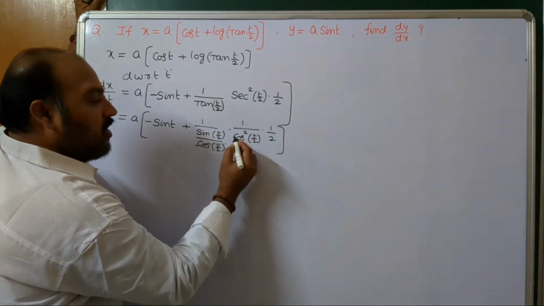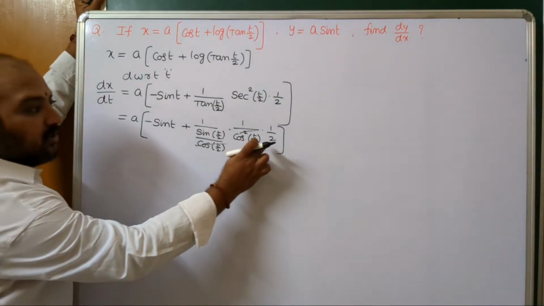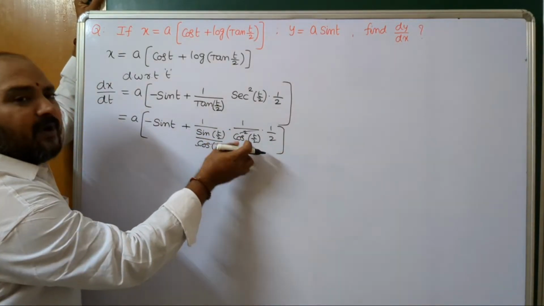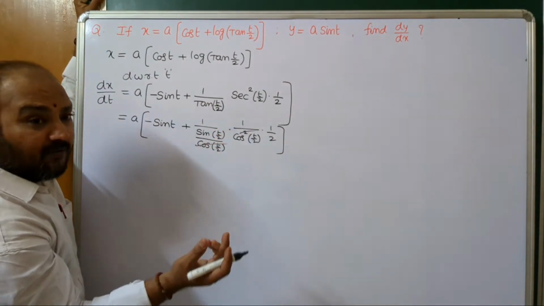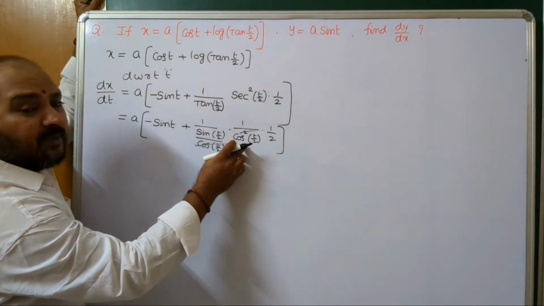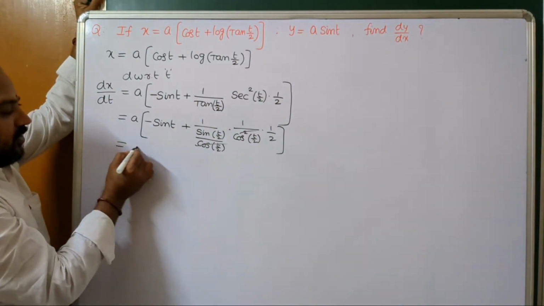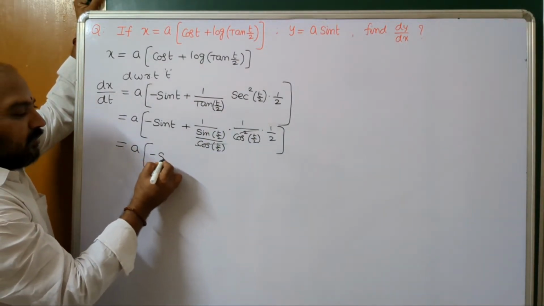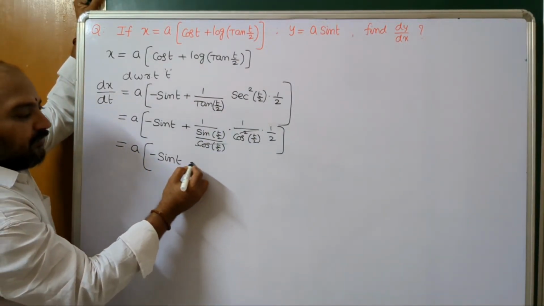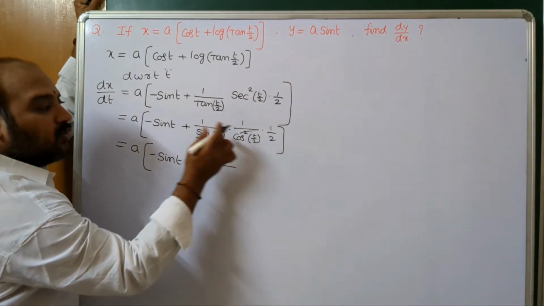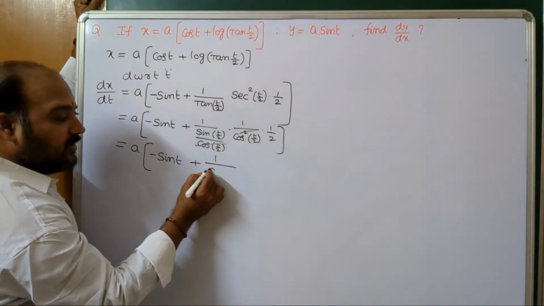So one of the cos t by 2 gets cancelled. 2 sin t by 2 cos t by 2, sin t, half angle formula: 2 sin a by 2 cos a by 2 is sin a. So 2 sin t by 2 cos t by 2 is sin t. So a into minus sin t plus 1 by sin t.